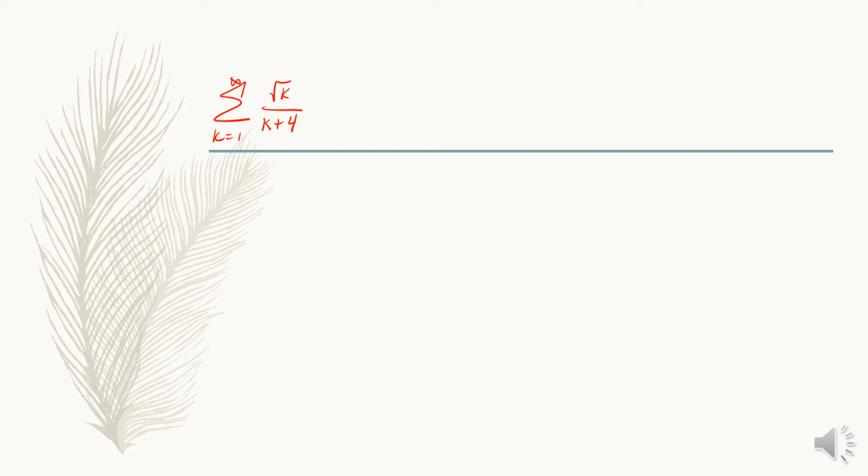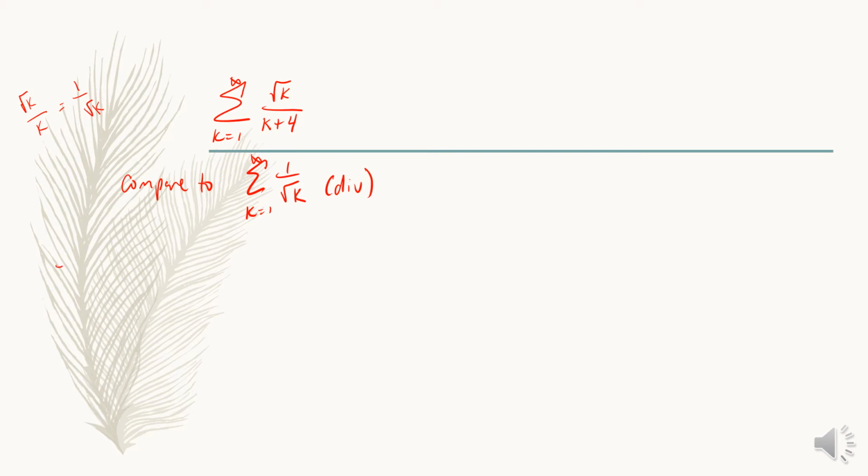Keeping in mind that we're going to be looking at limits, I'm only going to be looking at highest powered terms. So I'm going to probably reduce this down to the square root of k over k, which is 1 over the square root of k. So I think what I want to compare it to is the series of 1 over square root of k, which again we know diverges. The p there is 1/2.